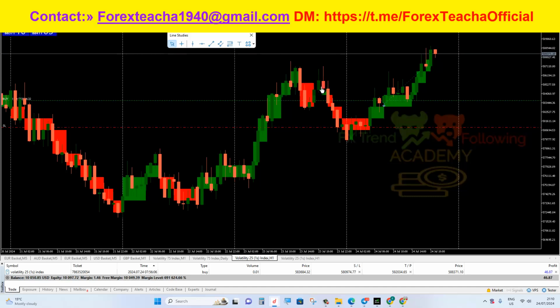Also right here, this box formed just inside this big box. We give you a step-by-step strategy, and also a PDF where you can see all the signals that are valid and not valid. This one is not valid because it's inside this one right here. So this is not a signal.